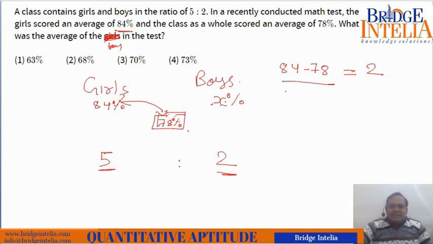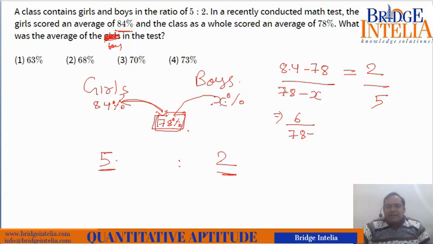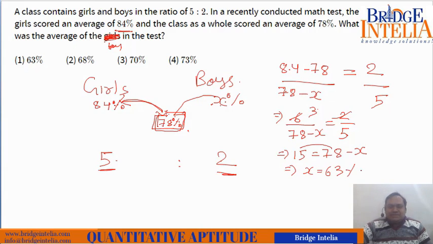Because this lies in between. So if it is less than 84, it means this is greater than x. So you can say 78 minus x should be in this very ratio. So let's solve this. You will find the value of x. So 6 by 78 minus x is equal to 2 by 5. So this gets cancelled. So you can say 15 is equal to this much. So x comes out to be 78 minus 15, 63%.